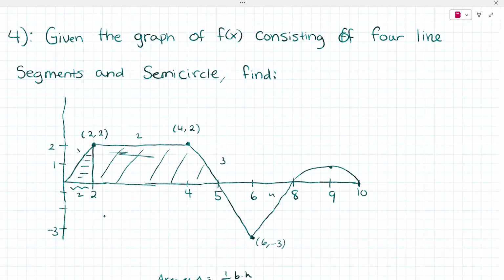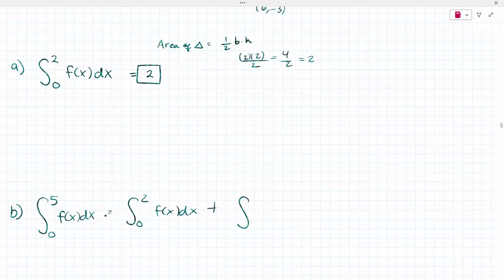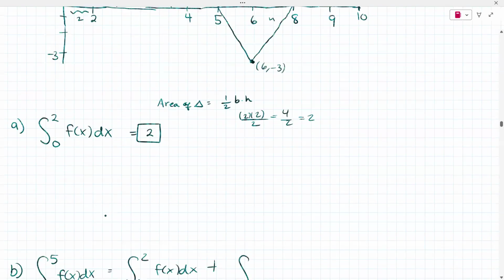So what is the area of a trapezoid? Wait, if you want, you can break it down into 2 integrations. So we can go from 0 to 2, which we found already. That's the answer to part A, which is 2, plus the integration from 2 to 5, which is a trapezoid.